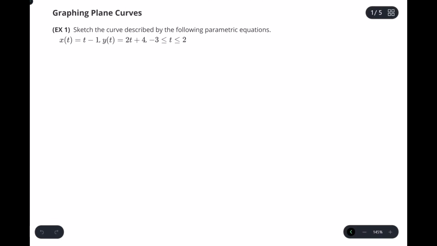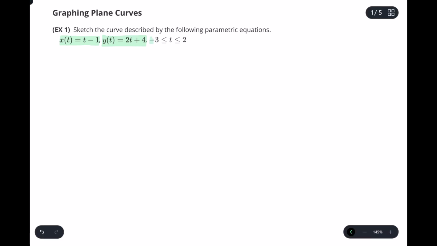So here I would like to sketch the graph described by the following parametric equations. I have one parametric equation, x of t equals t minus 1, so that's a function for the x variable. And then I have y of t equals 2t plus 4. So that's a function in terms of the y variable.